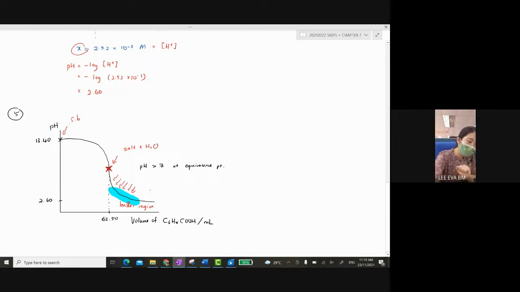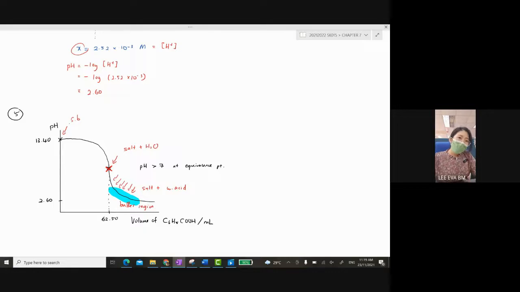Why buffer region? As it's containing salt and the weak acid. That fits the definition of an acidic buffer or basic buffer, what is inside the buffer solution. So every time you sketch the curve, or in objective questions, you need to be able to indicate which one is the buffer region, by looking at what the content of the solution is now.